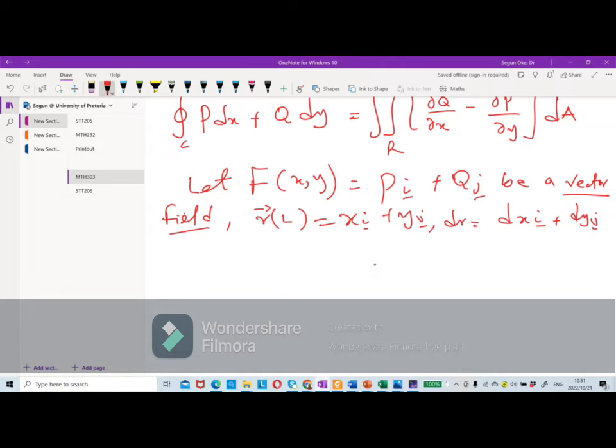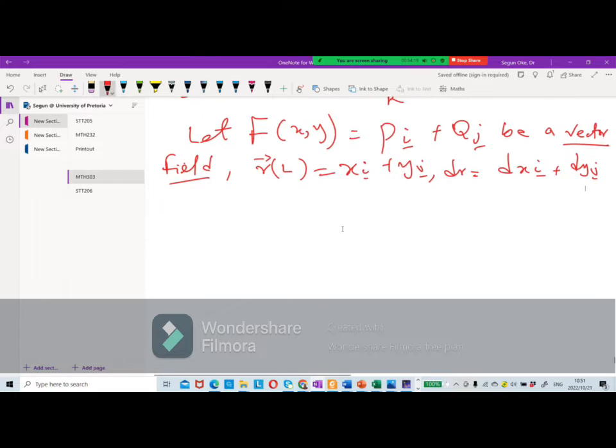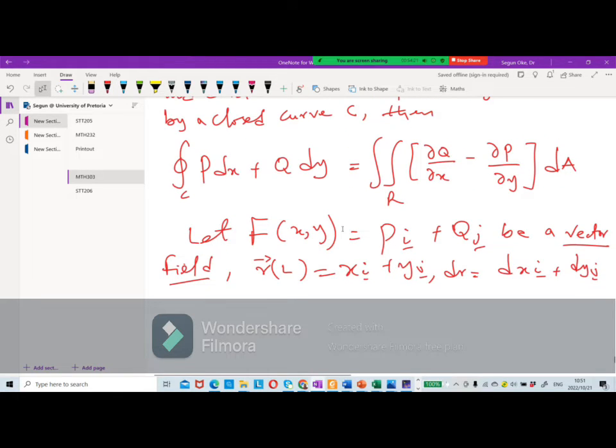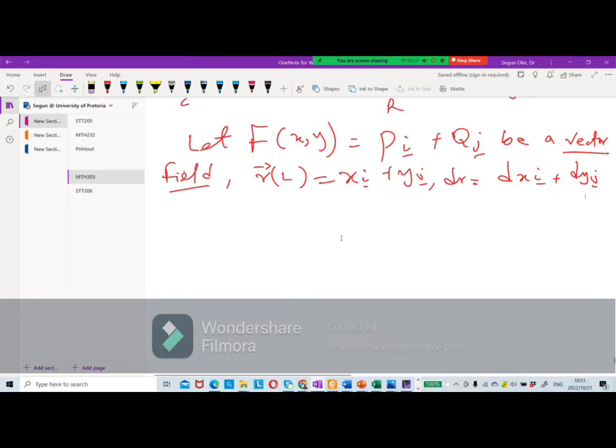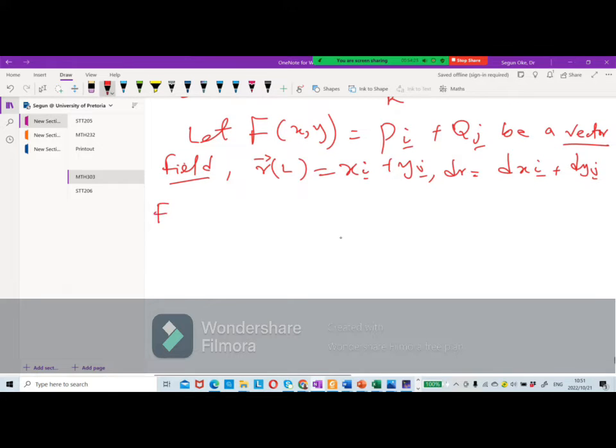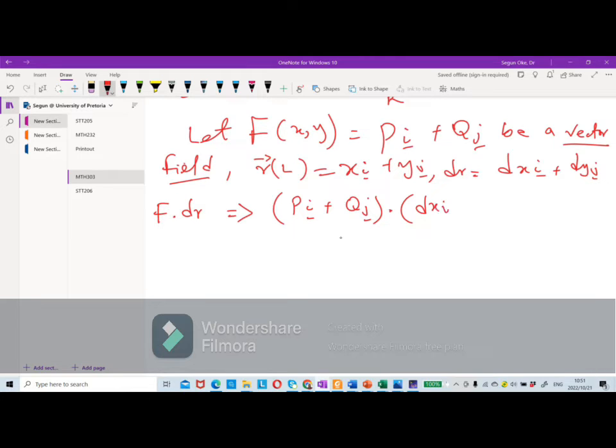So now, in this case, I'm just trying to show us how we come across some of this method. When you now have F dot dr, it simply means I have P i + Q j multiplied by dx i + dy j.